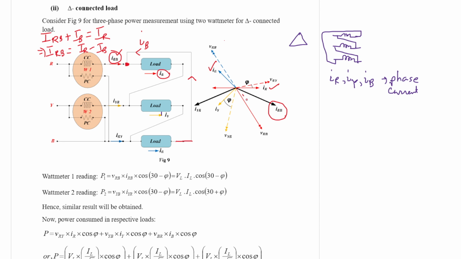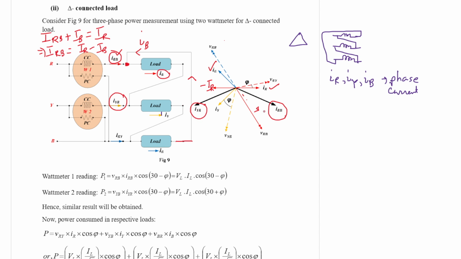When IB is produced in the negative direction, the phasor summation of IR and minus IB is IRB. Similarly, this current IYR: when the R phasor is produced in the negative direction, it becomes minus IR. Then the phasor summation of minus IR and IY gives IYR. So it is directed along this direction.